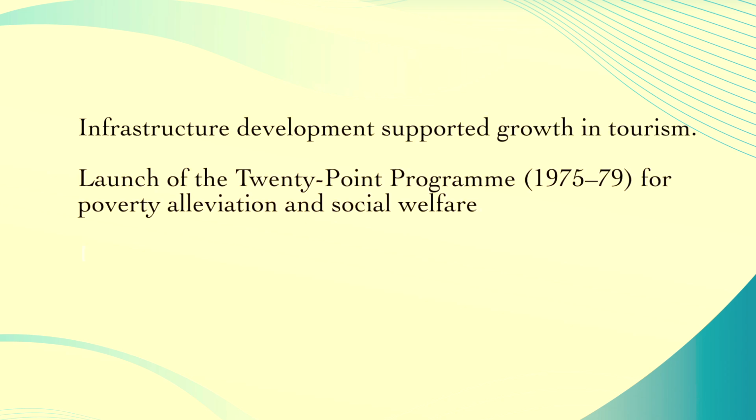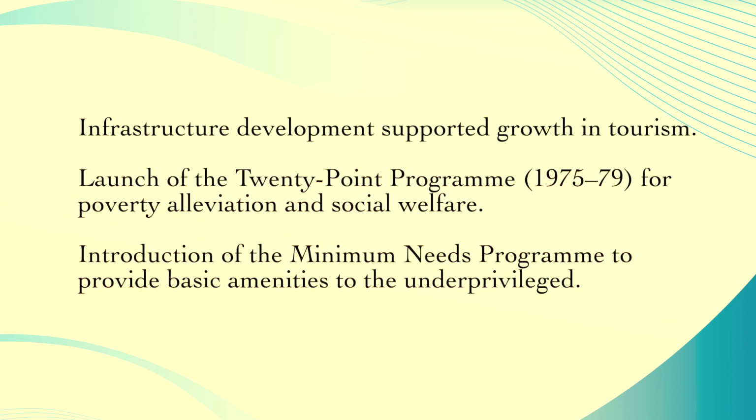This period also witnessed an expansion in the tourism sector, supported by improved transportation and infrastructure. Additionally, the 20-point program was launched in 1975, aimed at eradicating poverty, improving public services, and promoting social welfare. And this continued until 1979.